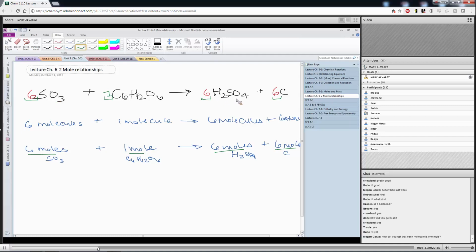Each molecule is not 1 mole, Megan. No. Remember that 1 mole of anything is 6.022 times 10 to the 23rd of that, right? So 6 moles would be 6 times 6.022 times 10 to the 23rd molecules.